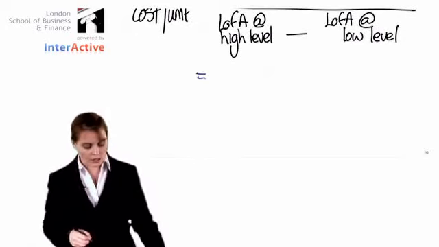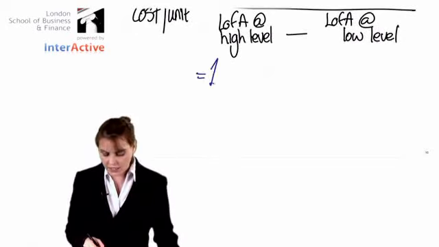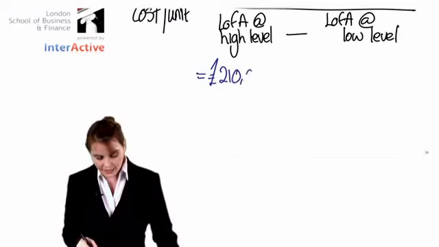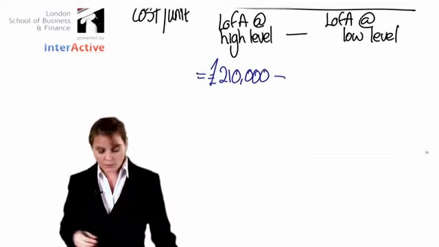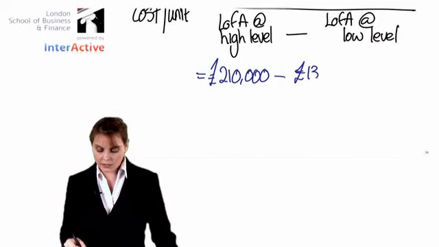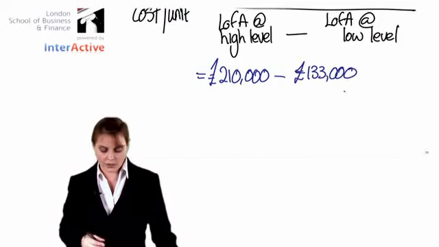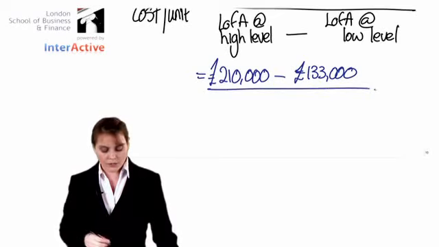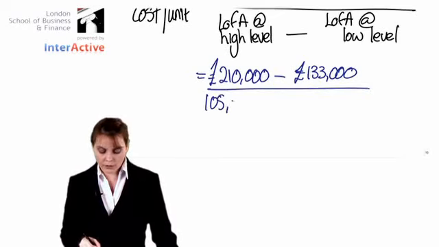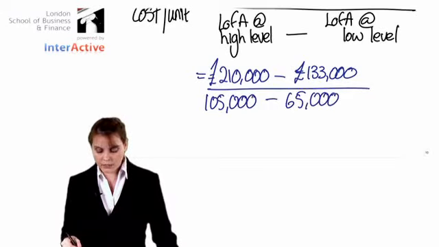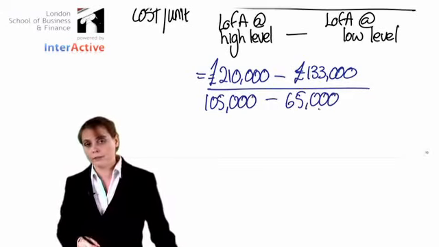So once we know how to calculate the variable cost per unit, we just need to put in the figures. So our total costs at the high level of activity were 210,000. Minus our total costs at the low level of activity, 133,000. And we divide by our units at the high level minus our units at the low level.